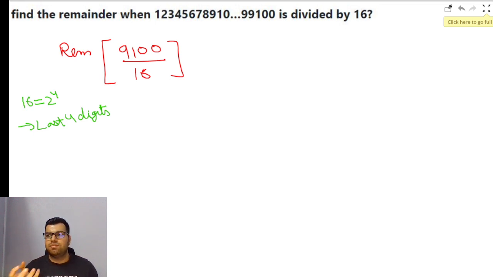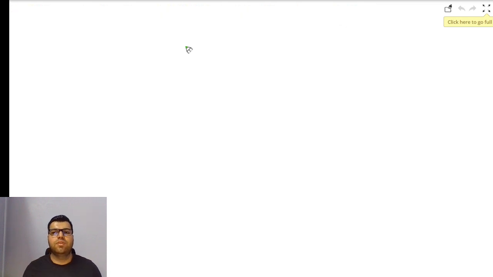This property is something that only I have observed to be true, and it is helpful to simplify calculation. Many people use the REM function, but I have never seen this particular property used by others. I use it only. So the remainder of 9100 with 16.